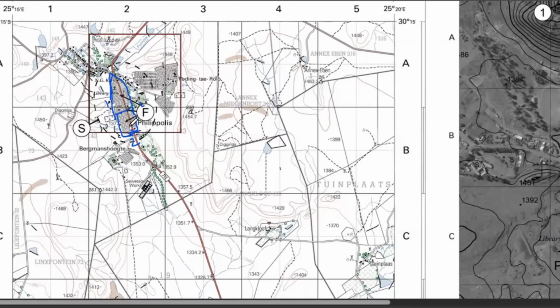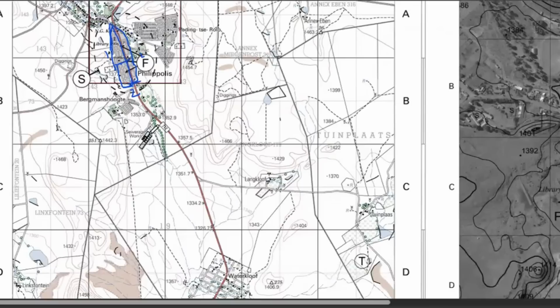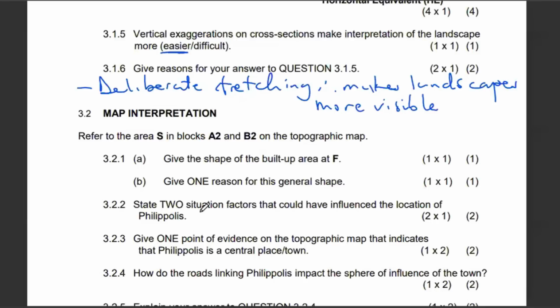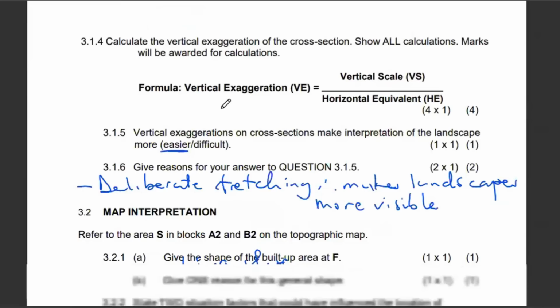Like these buildings, if you are to follow this road, the shape of this settlement is more pronounced, though there are some other buildings on the other side. It's not one line, but if we look at it closely, the overall shape of the built-up area gives us more or less a linear shape. It is more of a linear shape if we analyze that whole built-up area.